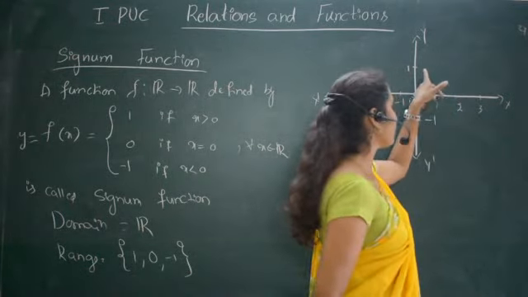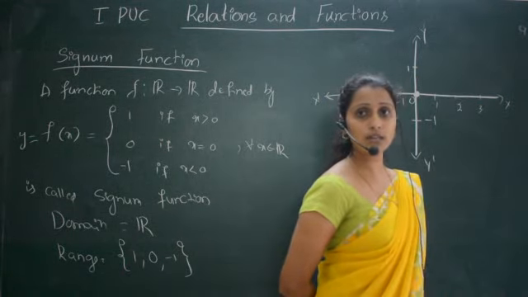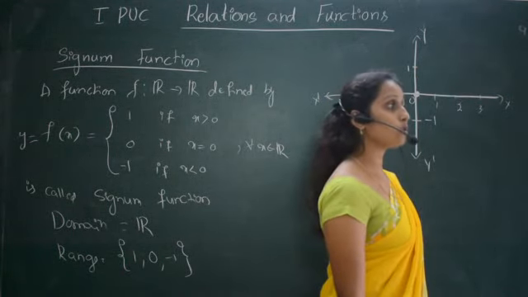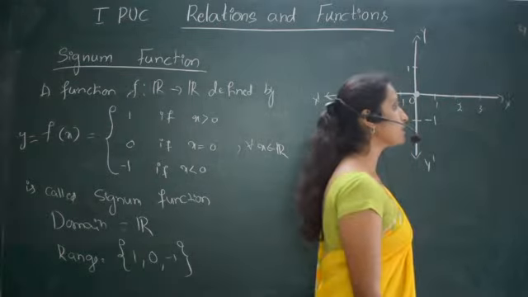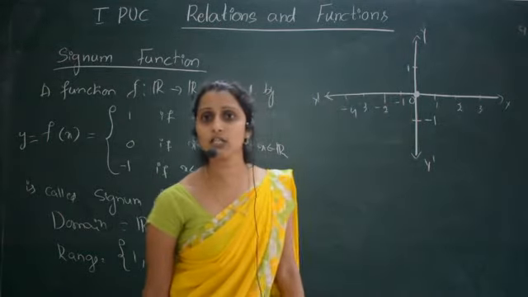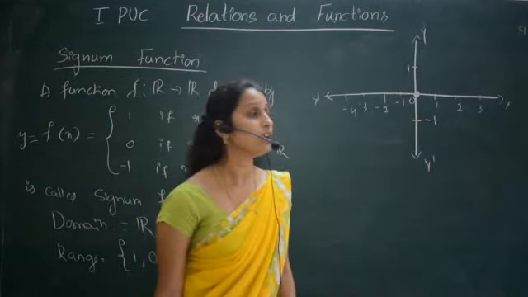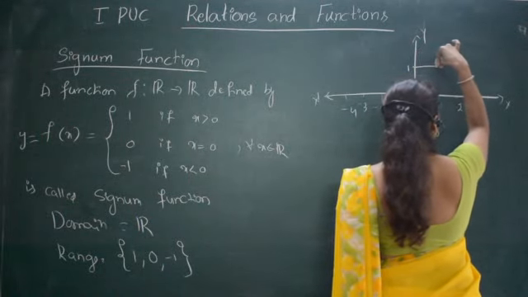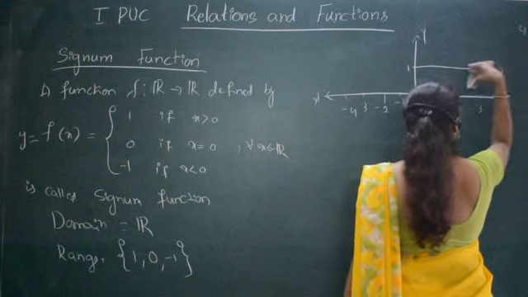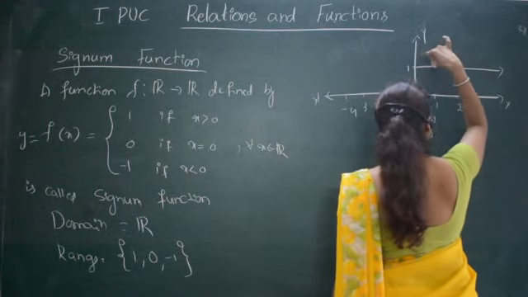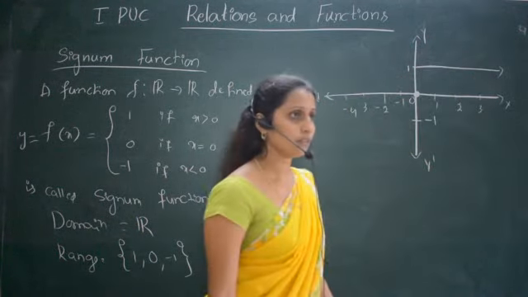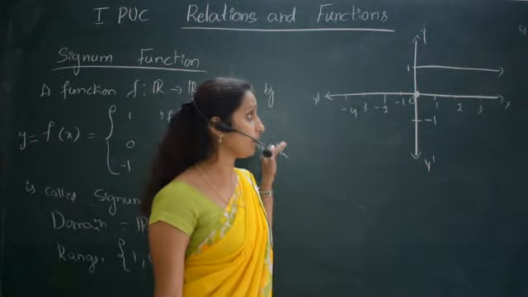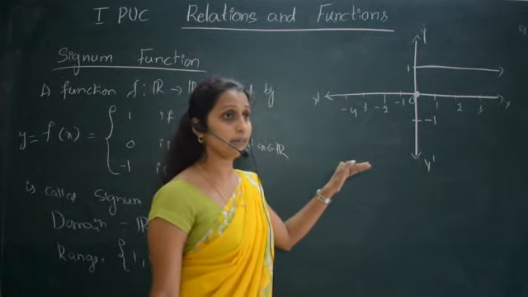Then x is 0.5 is also 1, x is 0.6 also 1, x is 0.001 also 1, x is 0.000001 is also 1. So for all these values greater than 0, it is always 1.